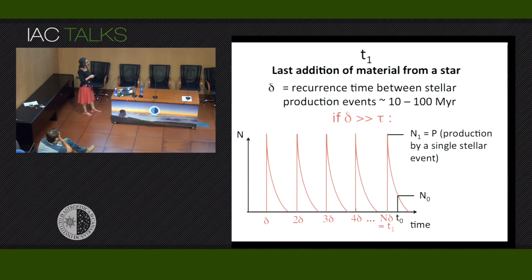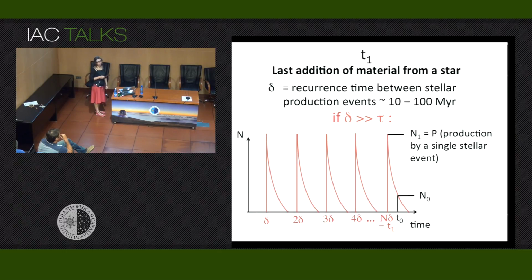We have a first event at 1 delta, where we produce a lot of this nucleus, but then before the next event, it's all completely gone. And so we have a peak, and then this decay decreases. Then at 2 delta, we have another event, so we have another peak, and then it again decreases to almost 0. So what can we do in this case?